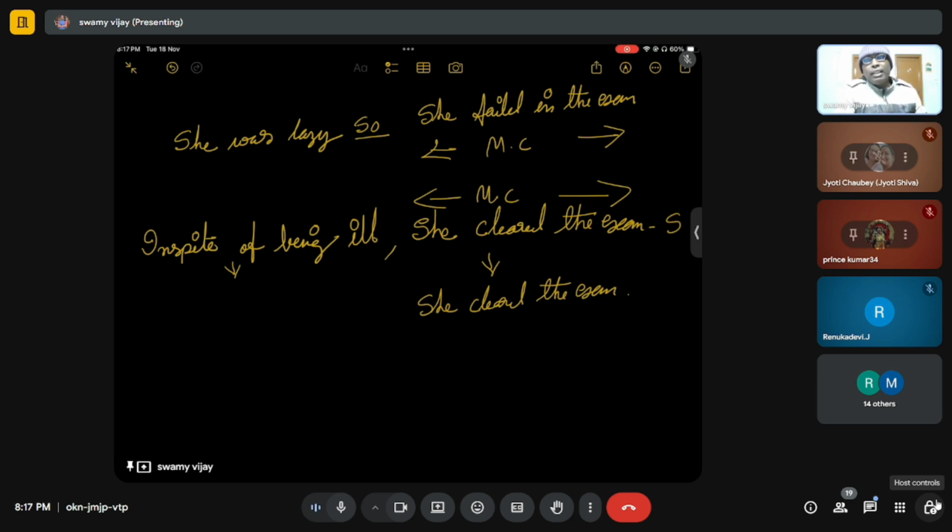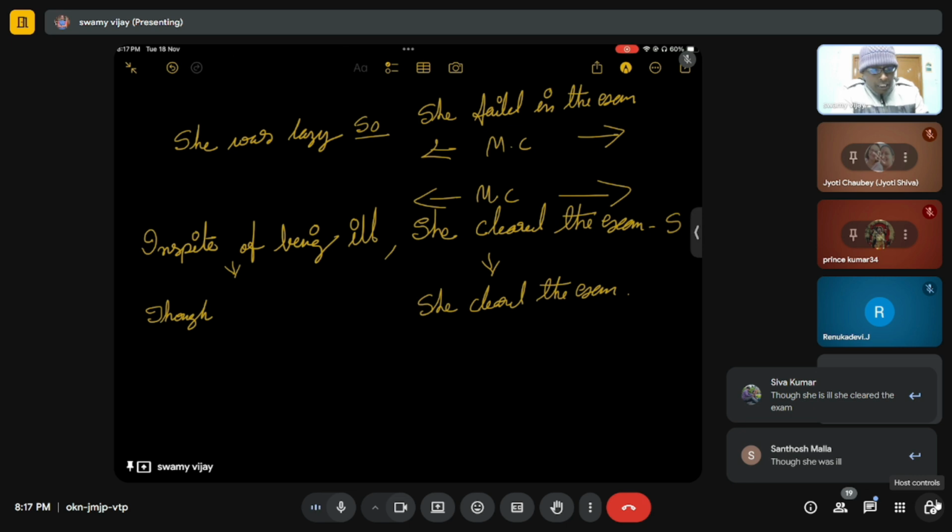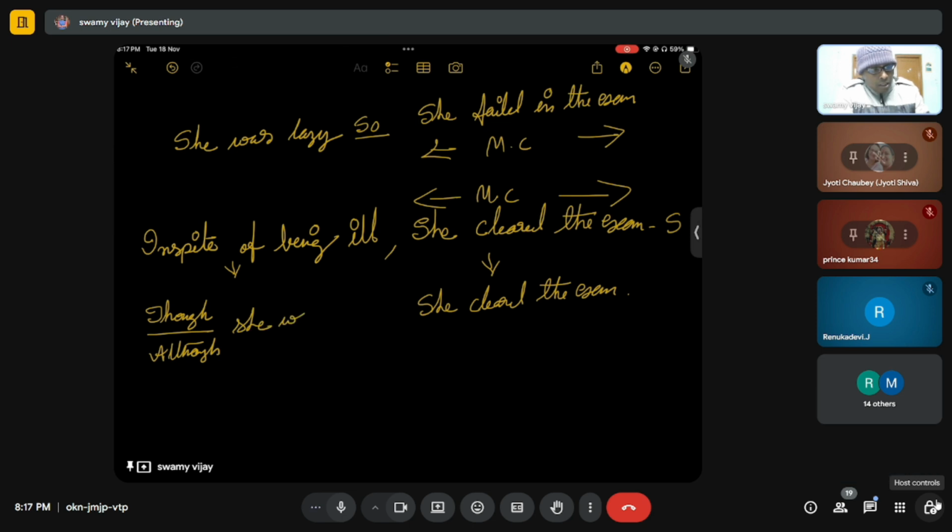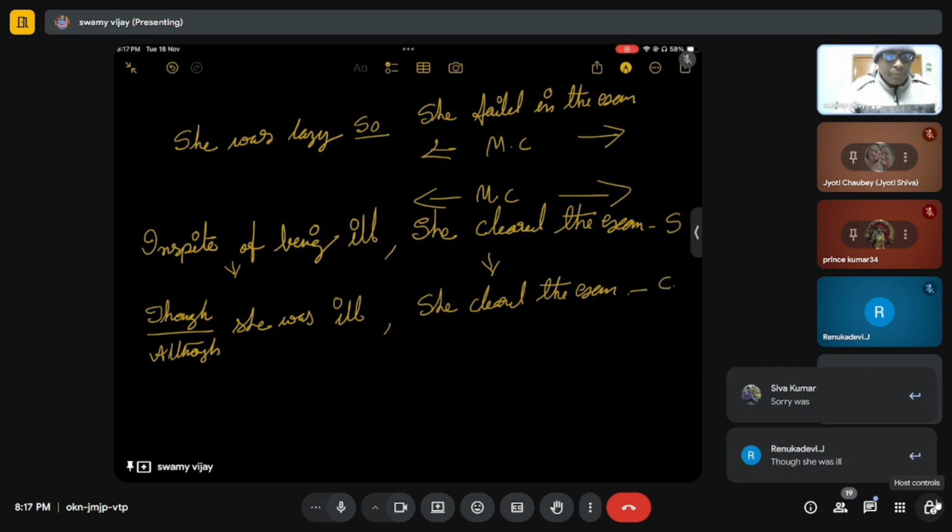In spite of being ill, she cleared the exam. How do you write it? Though, or even you can use although: though she was ill, she cleared the exam. Though or although she was ill, she cleared the exam. Now it is a complex sentence.